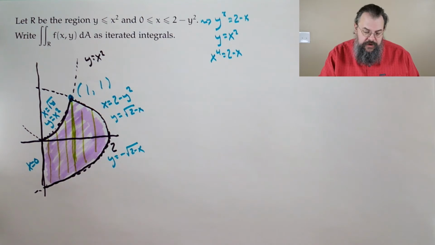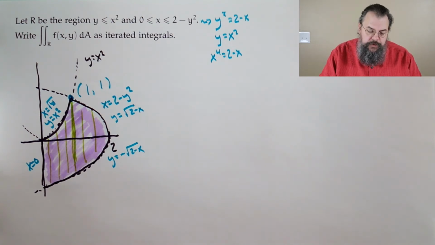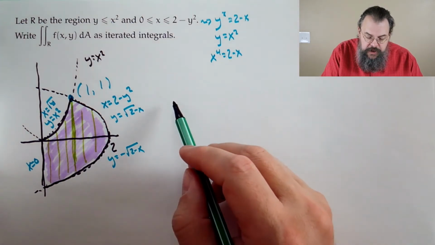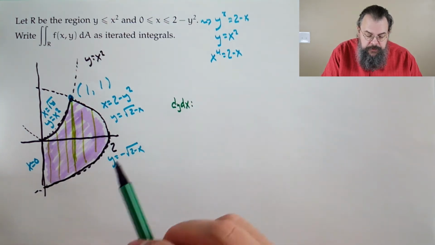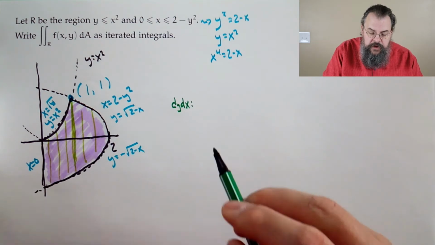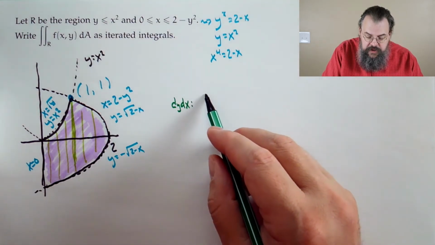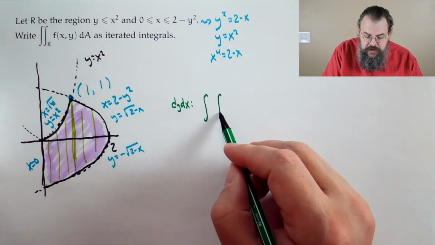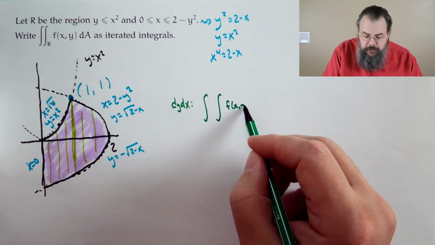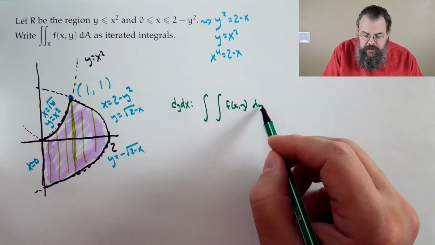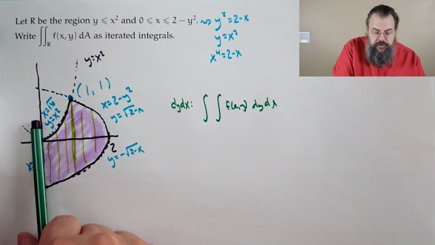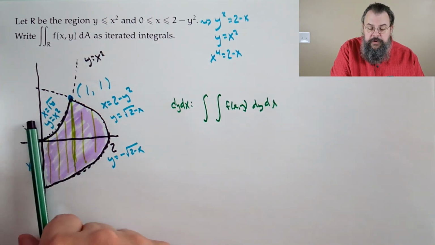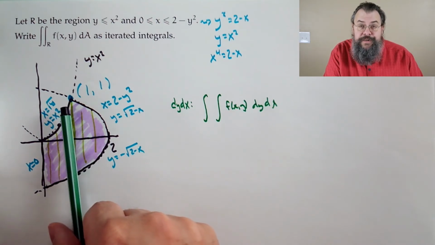All right, so if we're integrating with respect to the order dy dx, what will happen? We're going to have two pieces, integral, integral, f of xy dy dx. For this first piece, we go from where we start to our first transition point. In this case, there's only one transition point.